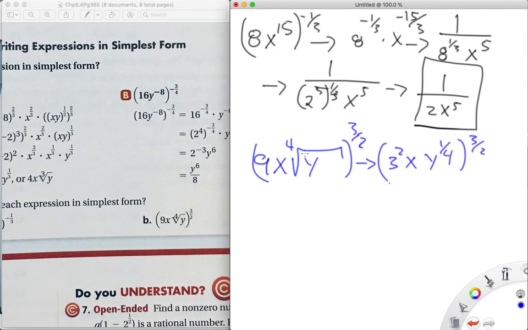So remember, I'm multiplying these out. So this 2 cancels out with that 2. So I have 3, and then the 3's cubed, times x to the 3/2 times y to the 3/8.